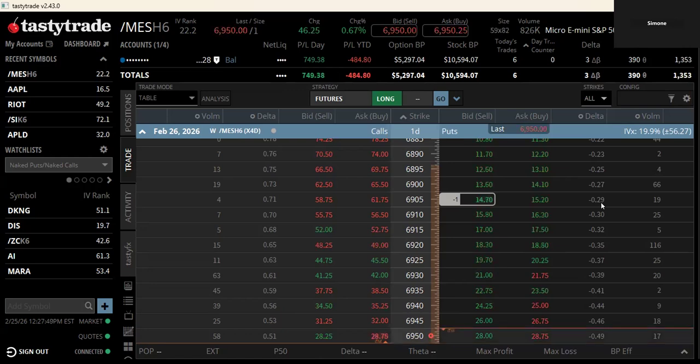But the major thing to look at is not really how much it moves per dollar, but what the probabilities are, because we trade on probabilities. That's how casinos make their money. What is the probability that MES will get to 69.05 by tomorrow?